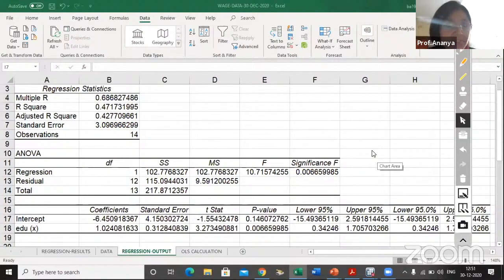So the equation of the straight line relation between y and x is of the form y is equal to alpha plus beta x, where alpha is the intercept and beta is the slope.